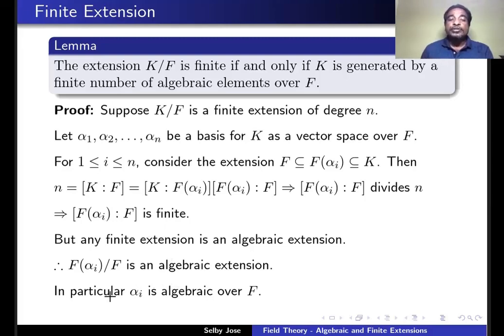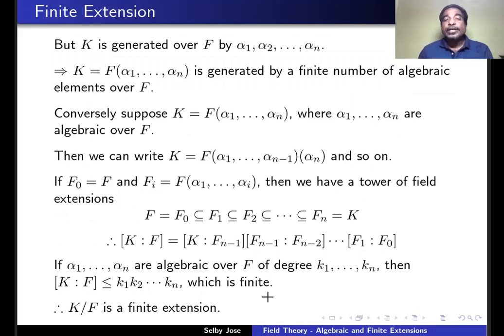So in particular, alpha i is algebraic over F. That means that the elements alpha 1, alpha 2, ..., alpha n, the basis of K, are algebraic over F. But K is generated over F by alpha 1, alpha 2, ..., alpha n. Therefore, K has to be equal to F(alpha 1, ..., alpha n). And that means K is generated by a finite number of algebraic elements over F.